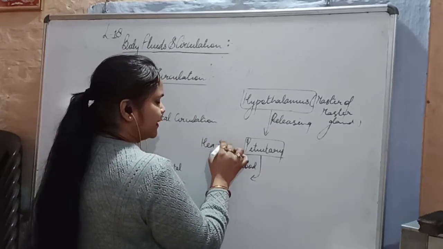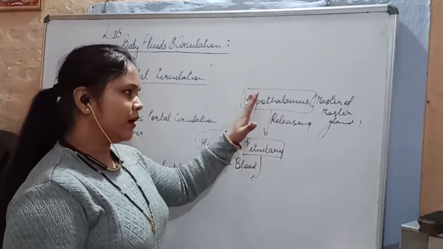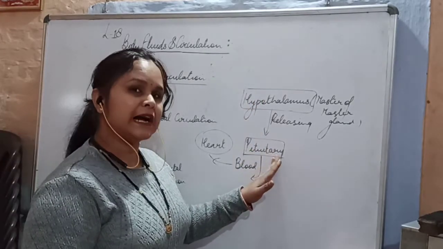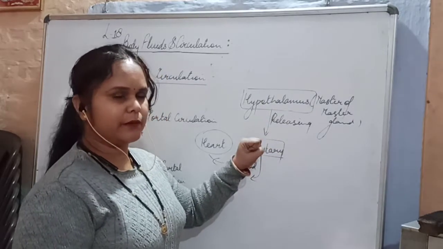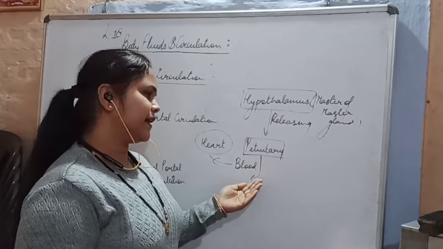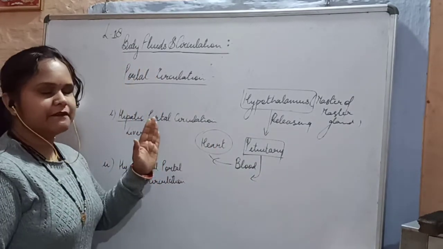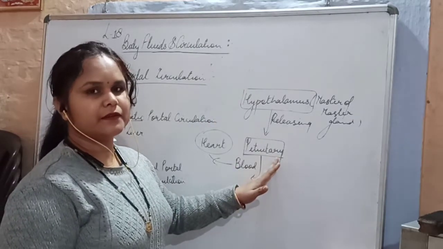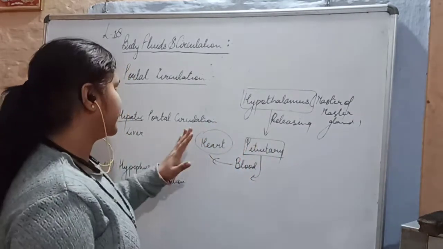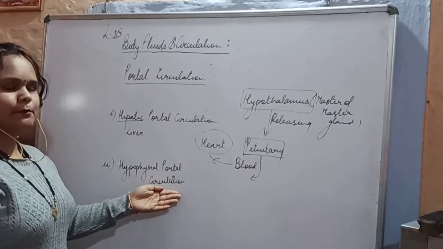So we can see that the hypothalamus, one organ, is transferring blood to the other organ, the pituitary, and then the pituitary receives the releasing hormones and transfers the blood finally to the heart. Such a type of circulation, when there is transfer of blood from one organ to the other, leaving the heart, is called portal circulation. So this was about the hypophyseal portal circulation.